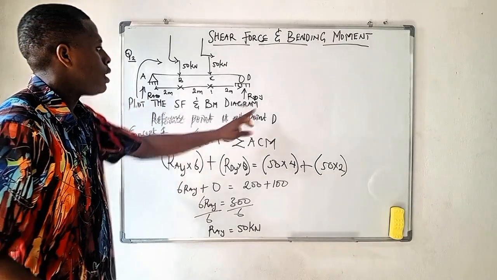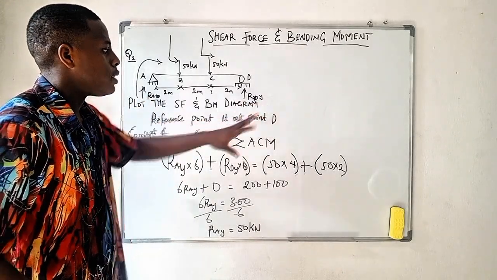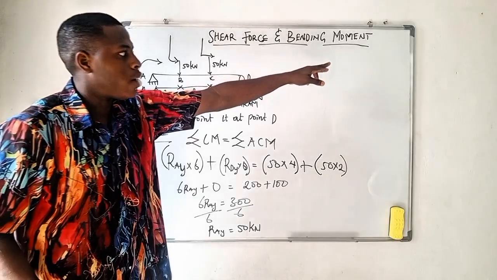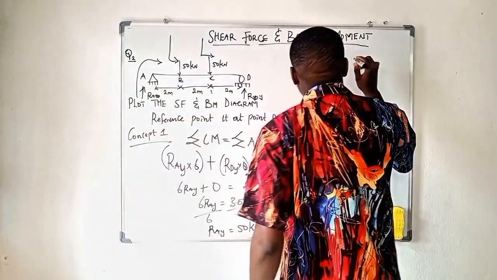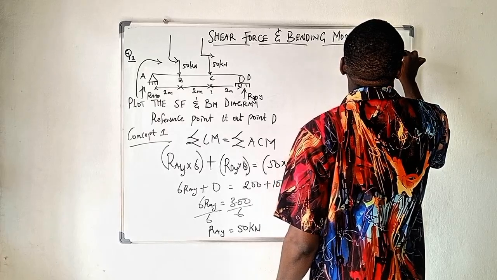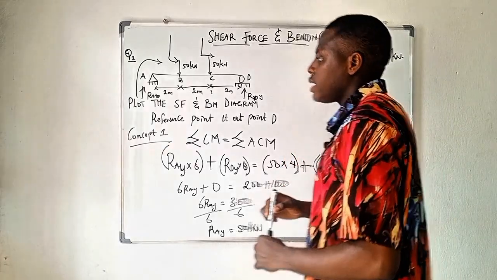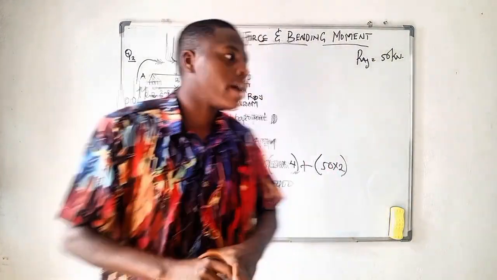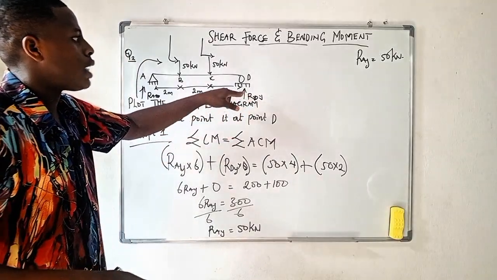What's the next thing? To get the reaction for RDY. Since the space is small, let's write the value of RAY there. The value of RAY we got is simply 50 kilonewton. Now, how do you calculate your second reaction, which is RDY?